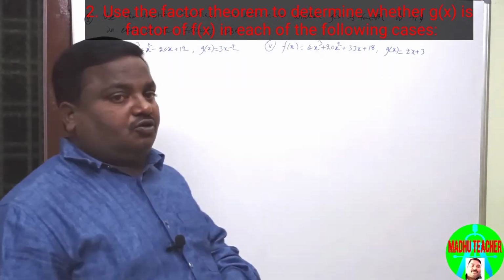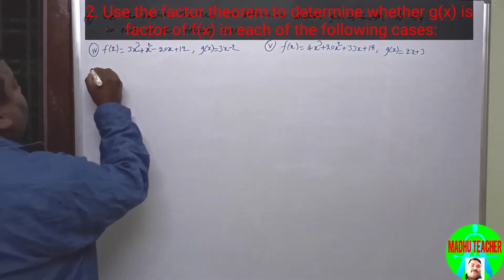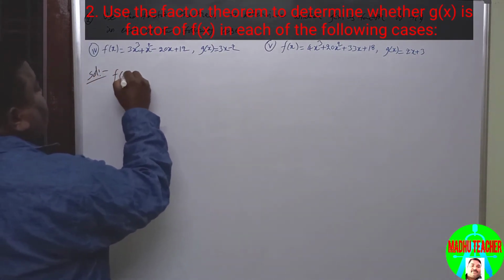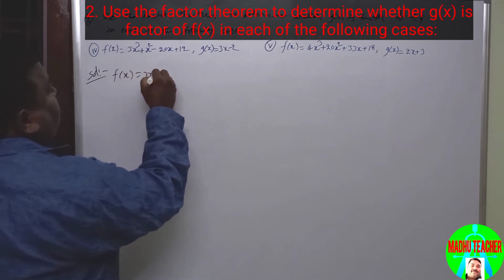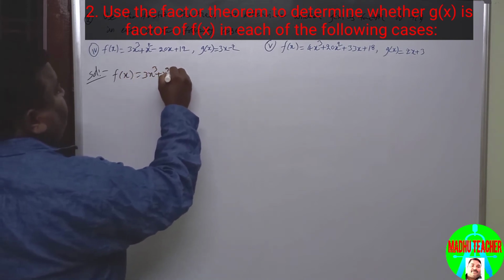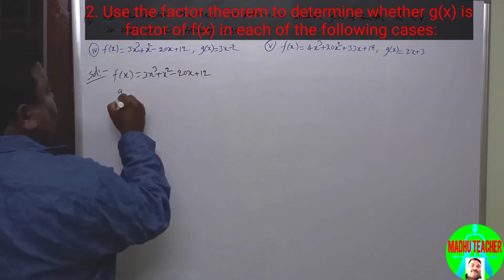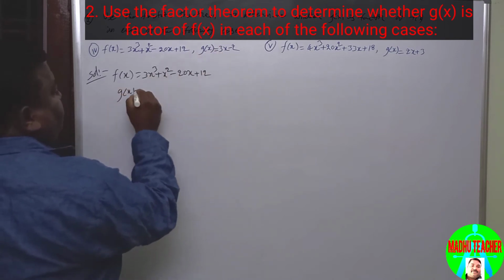So here the fourth question is, given f of x equal to 3x³ plus x² minus 20x plus 12, and g of x is 3x minus 2.